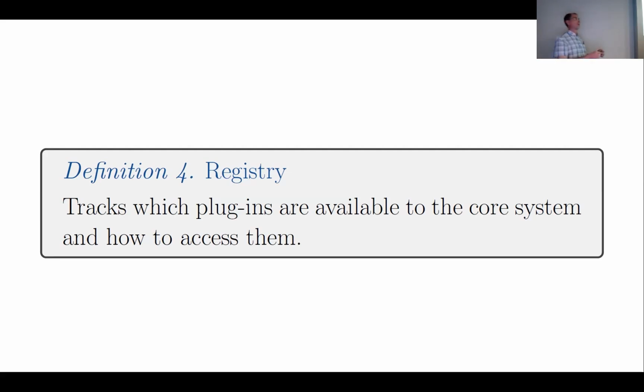I can install the core system and then the plugins I want around it. And someone else can install the core system and a different set of plugins and get different behavior from the system. And so it's a composable system, so we need this registry to know which plugins are available, so what services are available to deliver the functionality of the system in this particular instance.